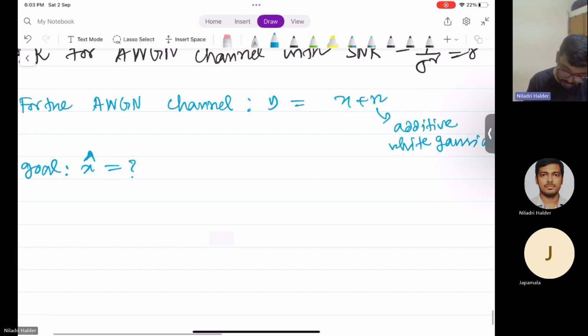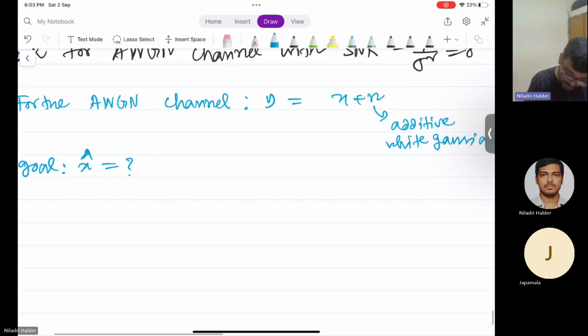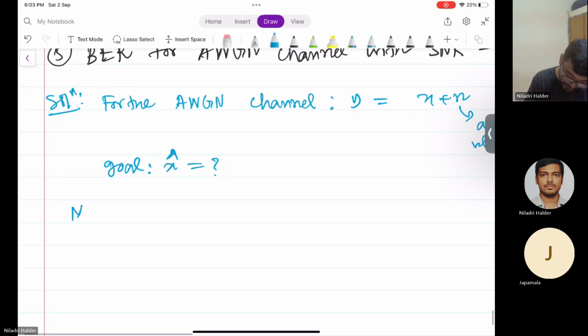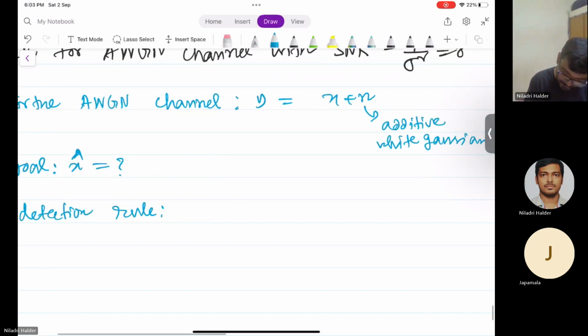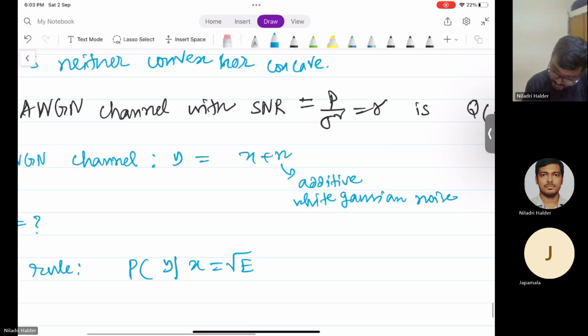Okay, so the ML detection rule will be: y given x equal to plus root P, here P is the power.